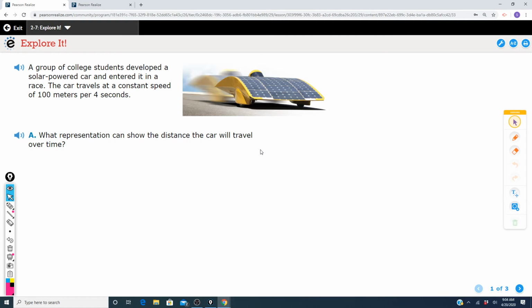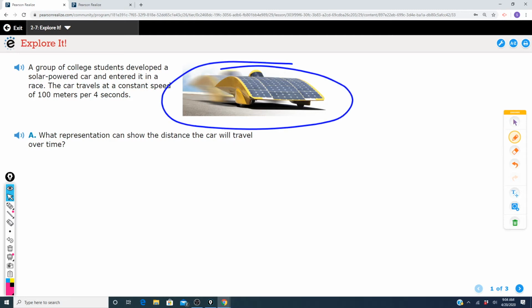So if you have this question in front of you, it says a group of college students developed a solar powered car and entered it in a race. So this car here, our little car, travels at a constant speed.